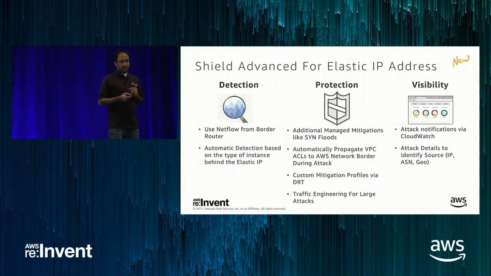In addition to that, very recently, we also started providing attack details that give you more details about the attack, not just the notification, but also details about what type of attack it was. And more importantly, what are the source IPs, what are the top talkers during the attack, and what are the top geos or ASNs during the attack. Similar visibility is also available for layer 7 attacks as well.